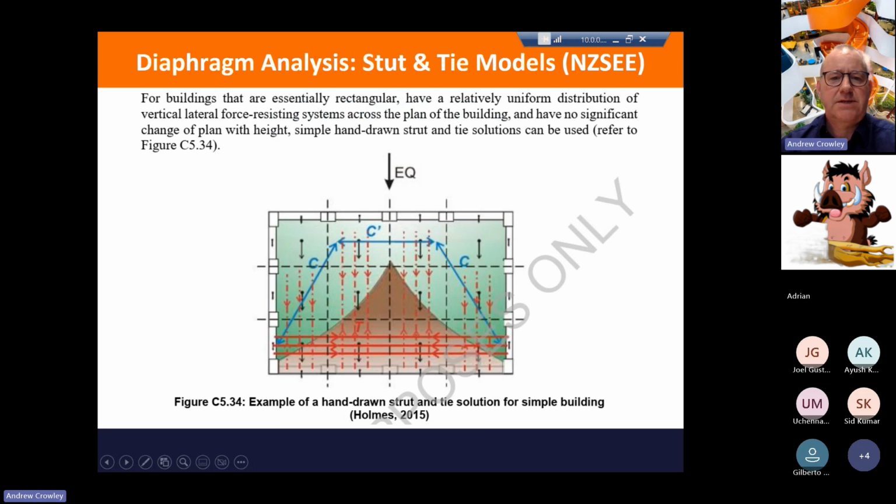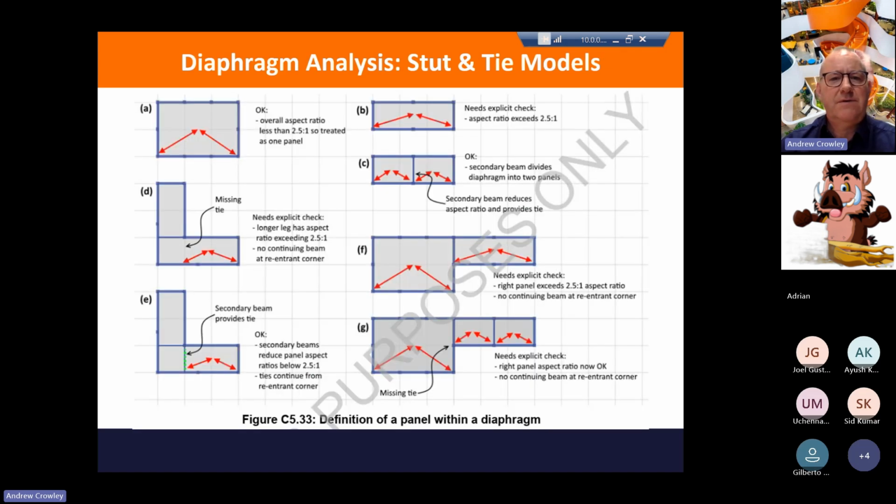NZSEE likes to look at strut and tie models, and it gives you this nice little diagram here about imagining there's struts and ties within your concrete floor, and you can distribute your load simply through that. However, if you've got irregular buildings, your strut and tie models can get a little more complicated, and in some cases the strut and tie models are not applicable, and in other cases they are.